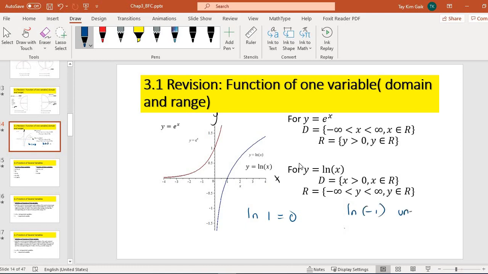Undefined. Ln 0 is also undefined. Ln 1 gives 0. Ln of 0.something up to 1 gives a negative value. Ln of 1.something gives a positive value. So the range of y equals ln x is actually y is a member of the real numbers.